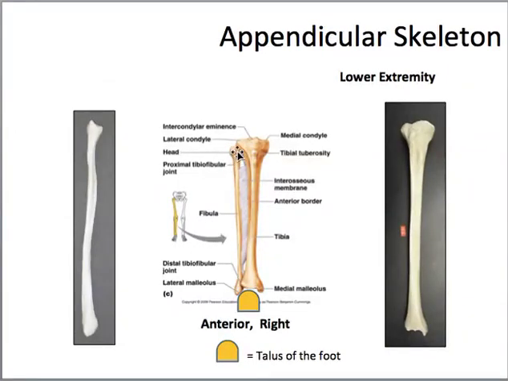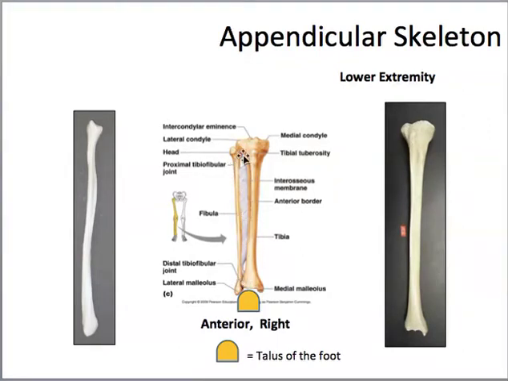The proximal head of the fibula articulates medially with the proximal head of the tibia and has a little divot in here that allows the tibia and the fibula to articulate. So this is what we call the proximal tibiofibular joint. This is the distal tibiofibular joint.